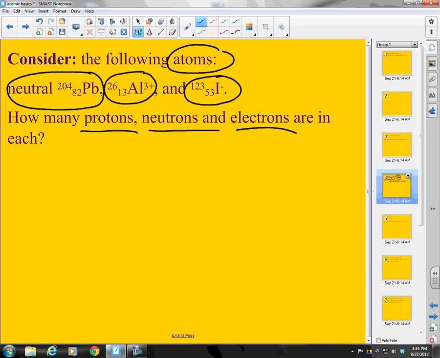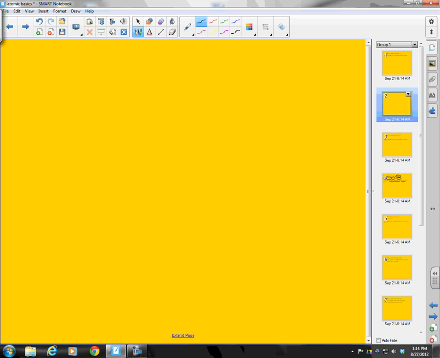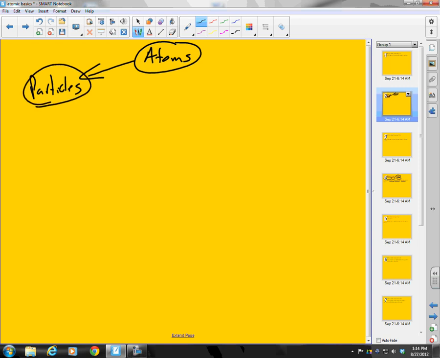Well, it looks to me like we need some notes, and we need to understand atomic representations. So we were talking about atoms last time, and I said we had certain particles, and those particles were the proton, the neutron, and the electron, right? And then I said, hey, we can have a representation.